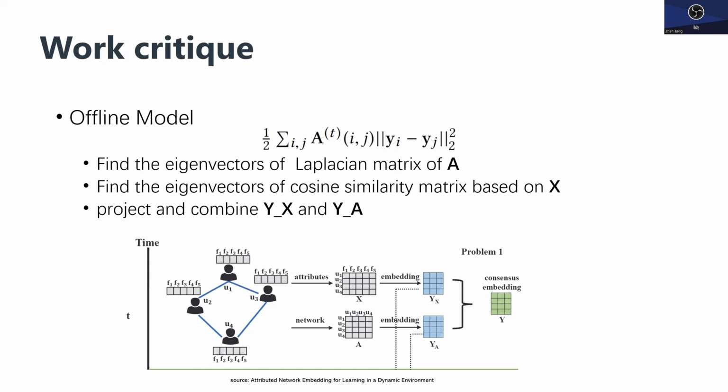In this case, the problem boils down to finding the top k eigenvectors of the Laplacian matrix of the network. Similarly, for the attributed network, the task is to find the top k eigenvectors of the cosine similarity matrix based on attribute matrix X, which is here.